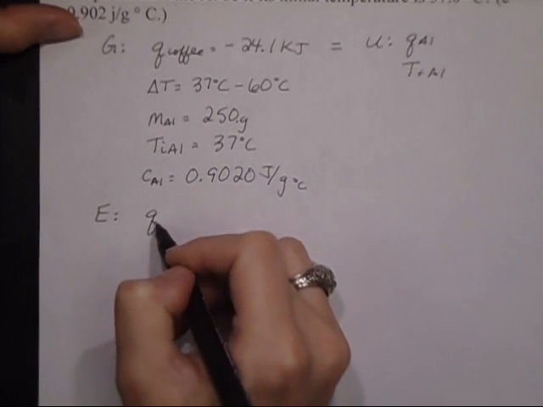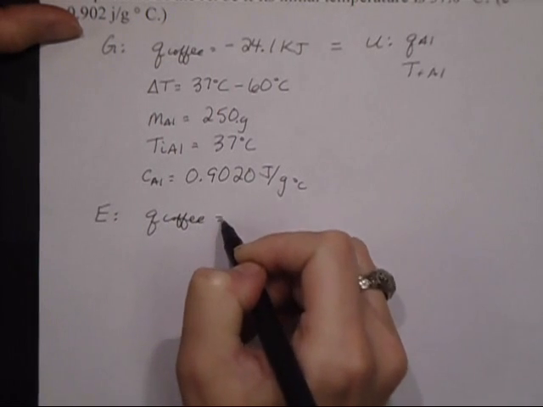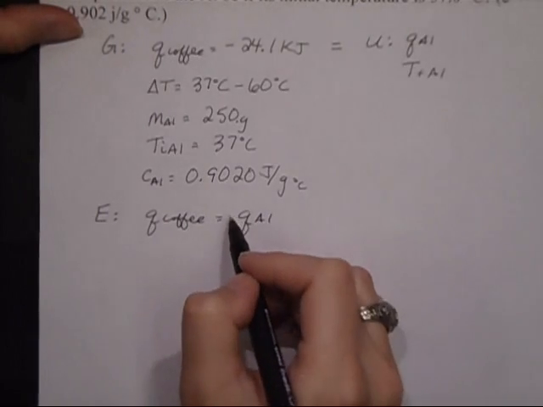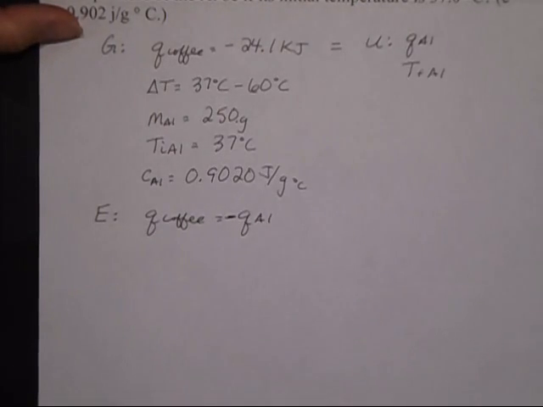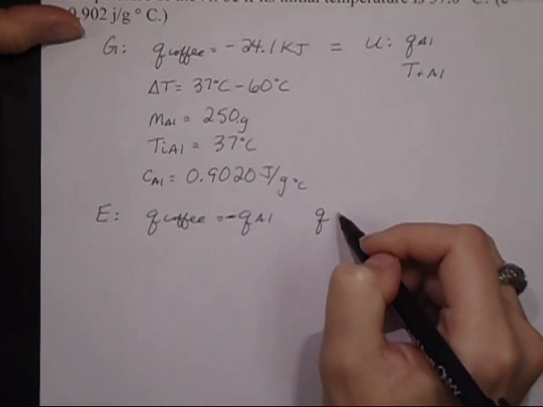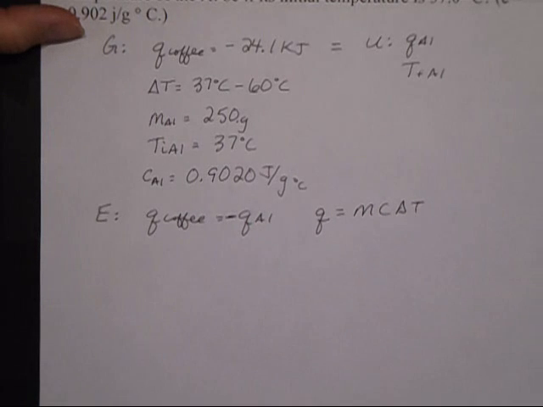I know the Q for the coffee is equal to the Q for the aluminum, except opposite in sign, and that's going to tell me something important. And then I'm also going to be able to use Q equals MC delta T.